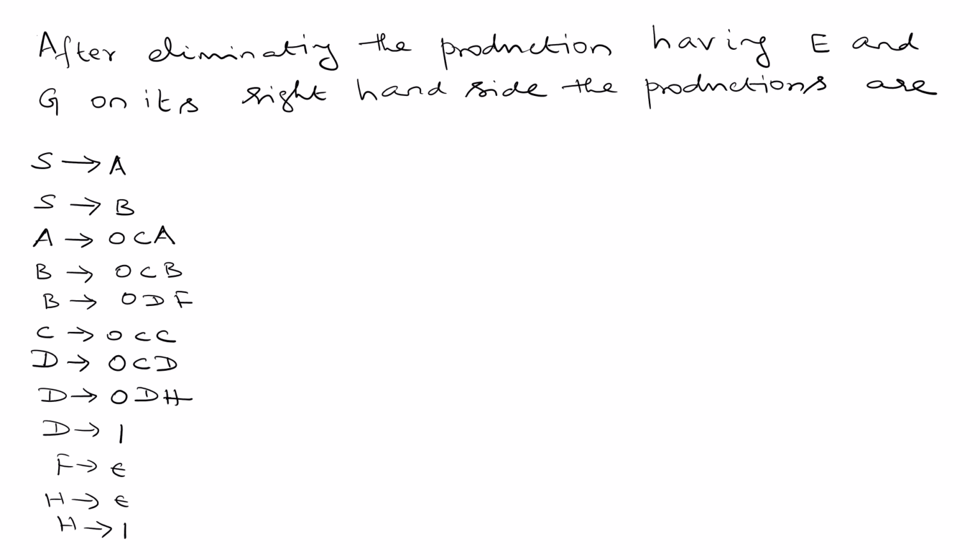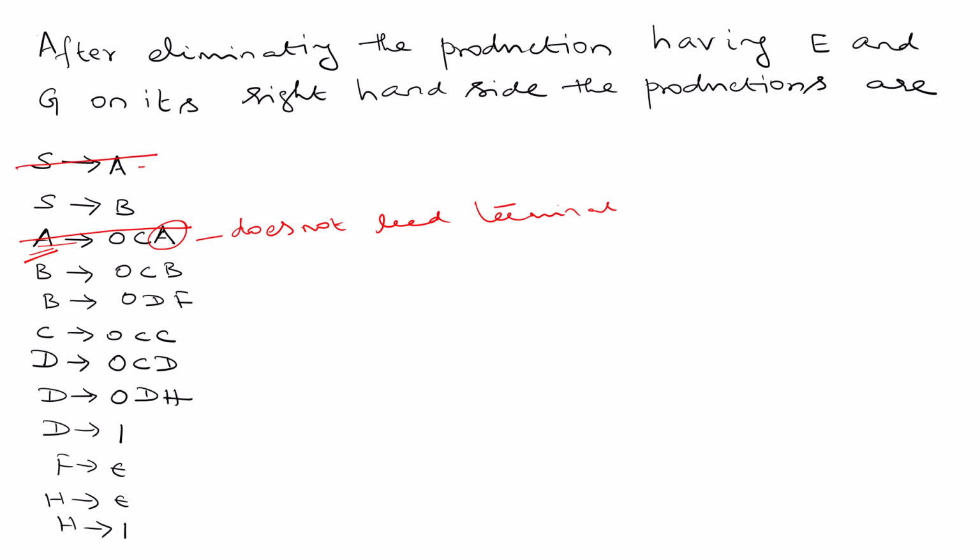So when we take our S implies A, we want to check for the production A. A has only one production, and in that production on its right hand side A is again appearing. So this definitely does not lead to terminal string. So we want to eliminate this production. Since we are eliminating this production, this one is also to be eliminated.